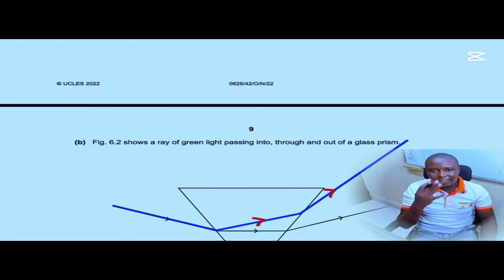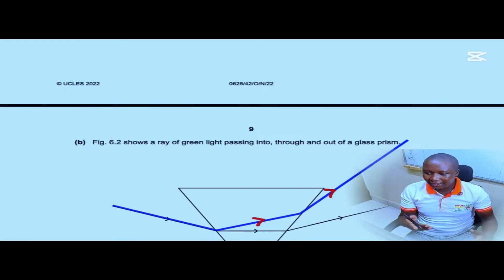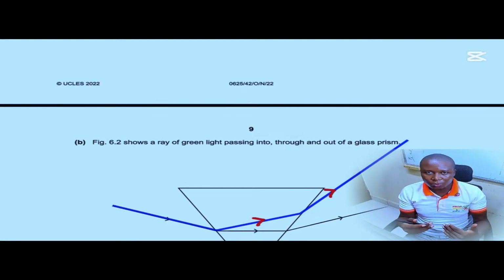Talking of dispersion of light, when light is incident on a prism, there is dispersion, separation into different colors. We need to understand that blue light has a shorter wavelength, so it will refract more.